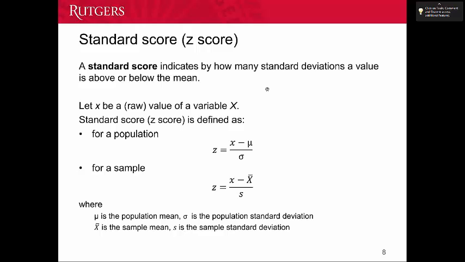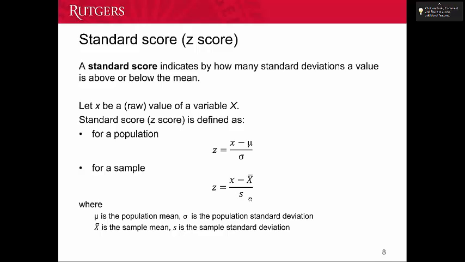The standard score is defined as follows. For a population, the standard score equals x minus the population mean, divided by the population standard deviation. And for a sample, here is the sample mean, and here S means the sample standard deviation.